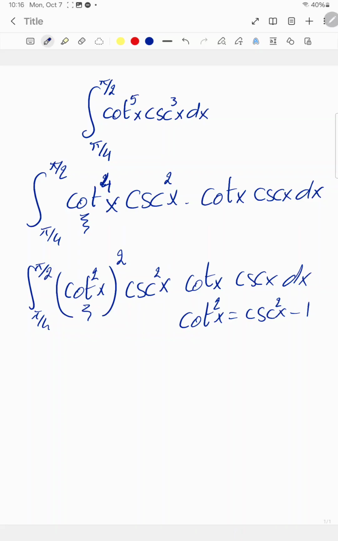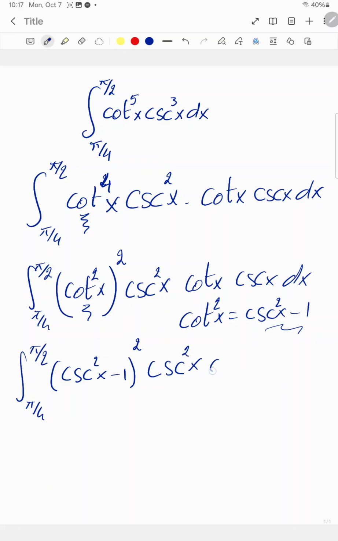So I will replace this cotangent with this formula. So my integral becomes from pi over 4 to pi over 2, instead of cotangent to the power of 2, I'm going to write cosec to the power of 2x minus 1, and all that to the power of 2 multiplied by cosec to the power of 2x cotangent of x cosec of x dx.